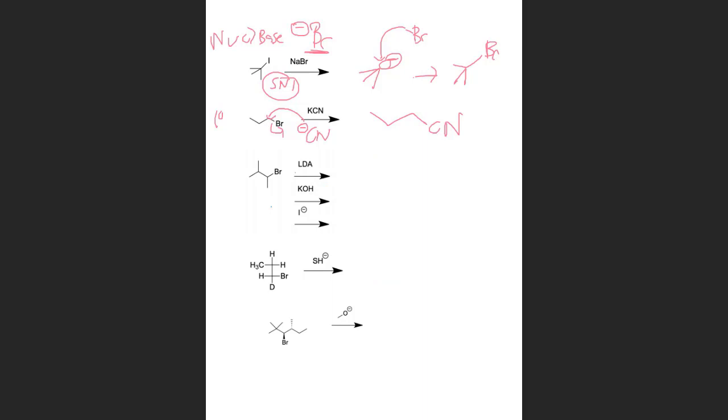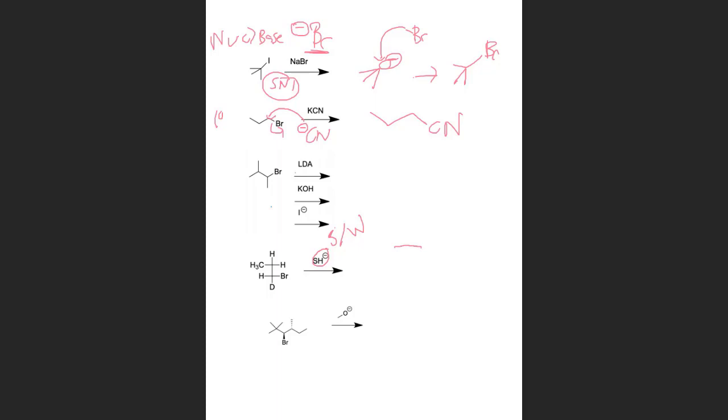Okay, so we have SH minus. If we memorized our table, this is a strong nucleophile, weak base. So we're probably going to be doing SN2, but let's check. What I like to do is, if I ever have a Fischer projection like this, I just like to draw it out in line angle. So we'll draw the bond right here.